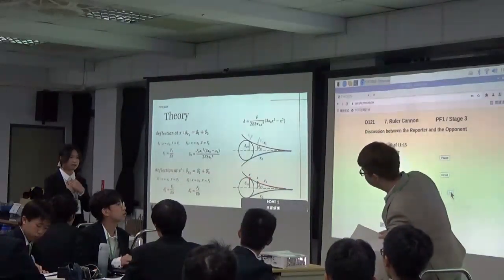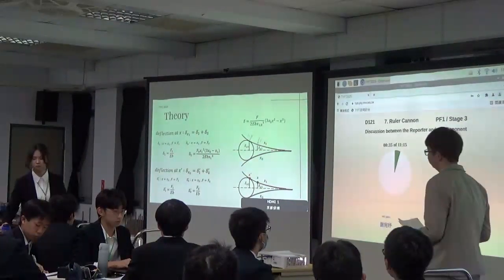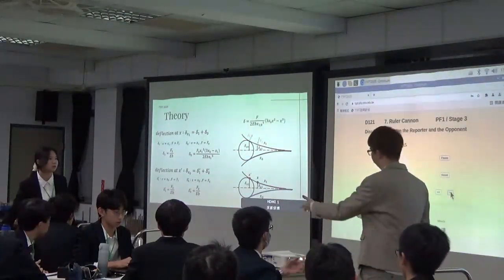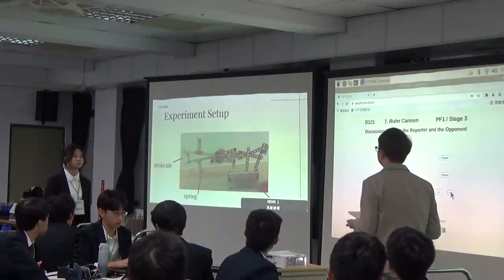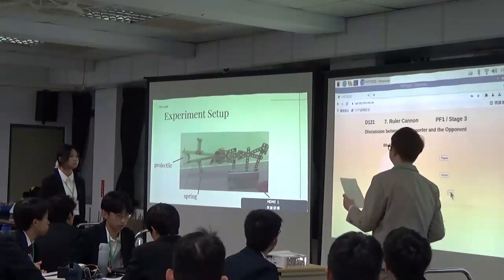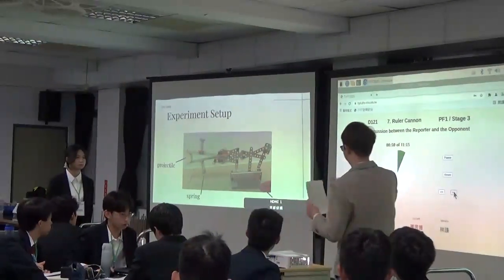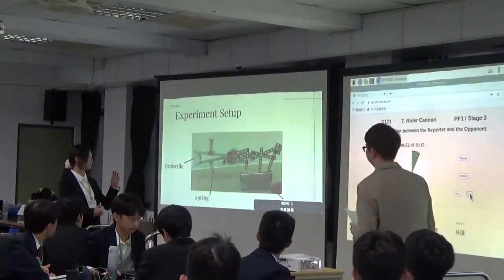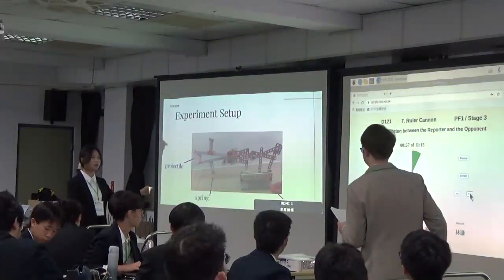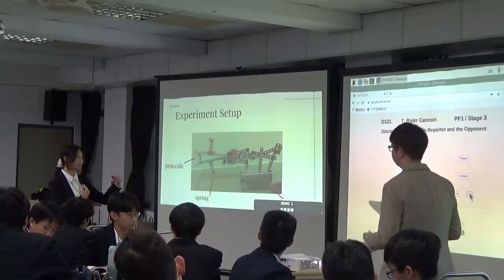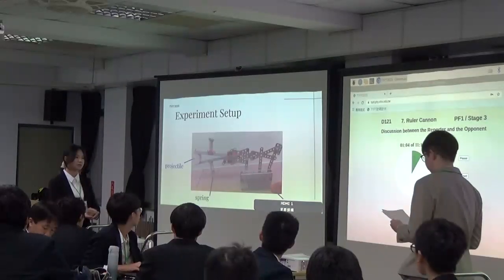The force that I exerted to the ruler is only one point. Can you show that as the experiment says? Okay, so you press the ruler at the spring? Yes. But that's an area, not a point. Yes, but in my calculation, I treated it as a point, and I did the correction and calculation. I found that this doesn't really matter a lot, so I ignore it.